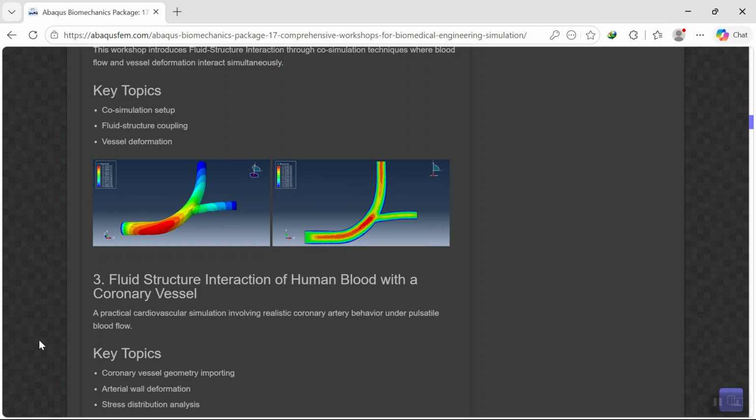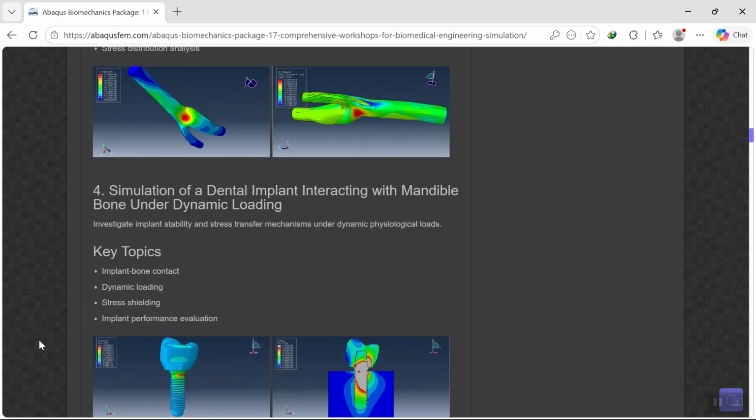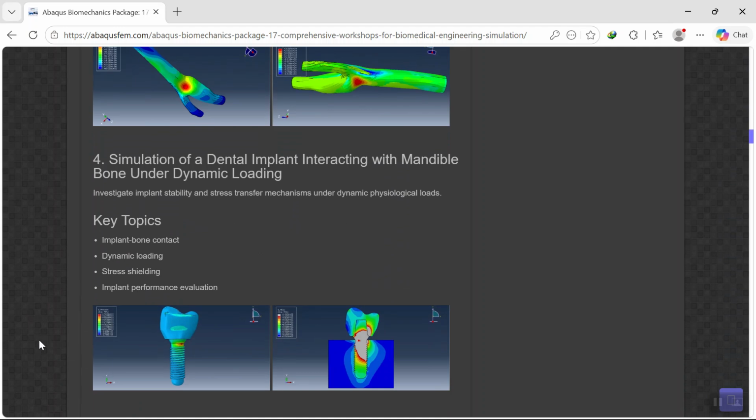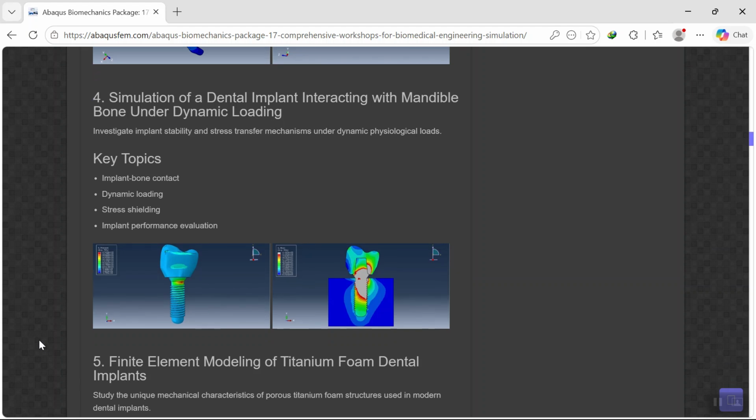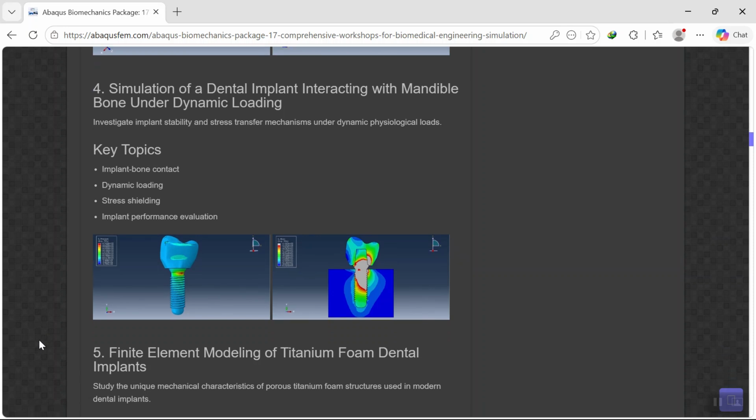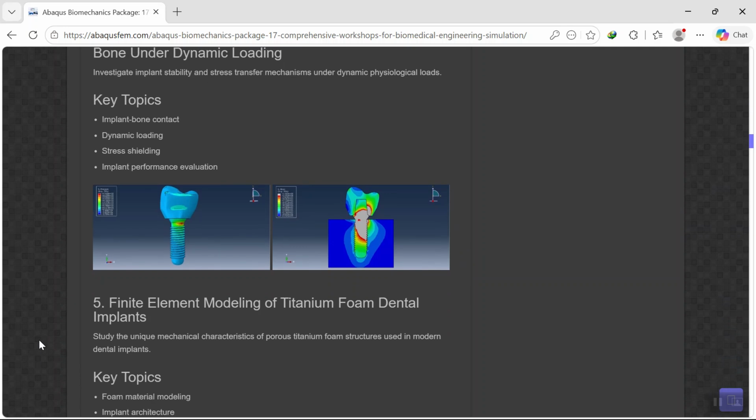Next, we move to the dental biomechanical simulation. Several workshops focus on dental implant and tooth mechanics. You'll learn how to simulate dental implant insertion, investigate implant interaction with mandibular bone, and analyze the behavior of an innovative titanium foam implant.